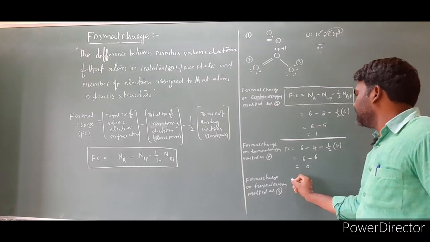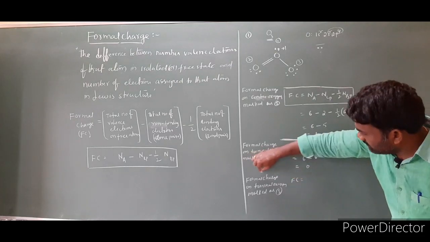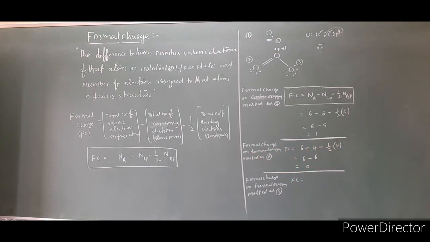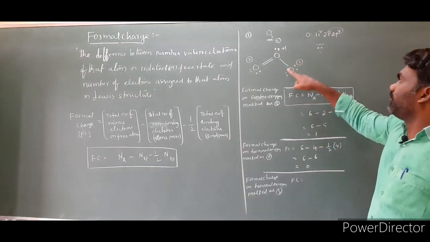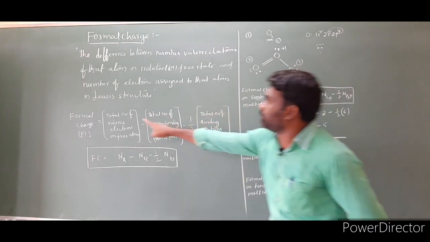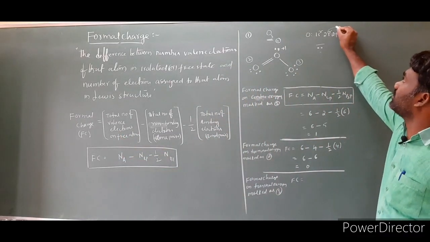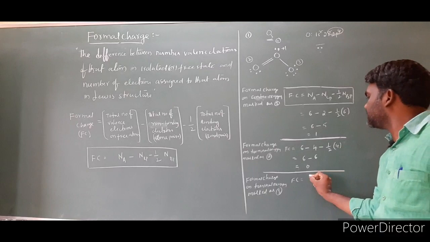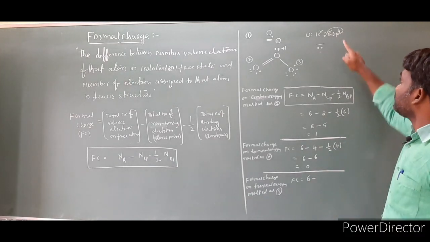Then the same formula, Fc is equal to: the second is completed, 0. Third one, the formal charge on this oxygen. What is the formula? Total number of valence electrons in the free atom. All oxygens are the same. Number of valence electrons: 2 plus 4, that is equal to 6. 6 minus. Clear?